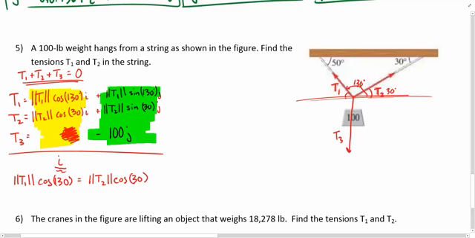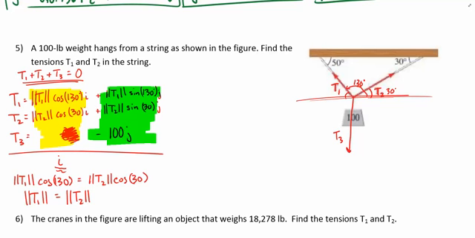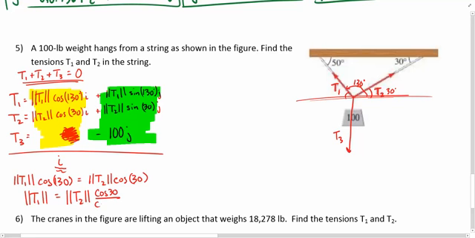And with just a little bit of algebra, I can solve for the magnitude of T1 in terms of T2. Or in other words, once I figure out what T2 is, I can then reverse calculate what T1 should be. And that's simply equal to the magnitude of T2 times cosine of 30 degrees divided by cosine of 130 degrees.